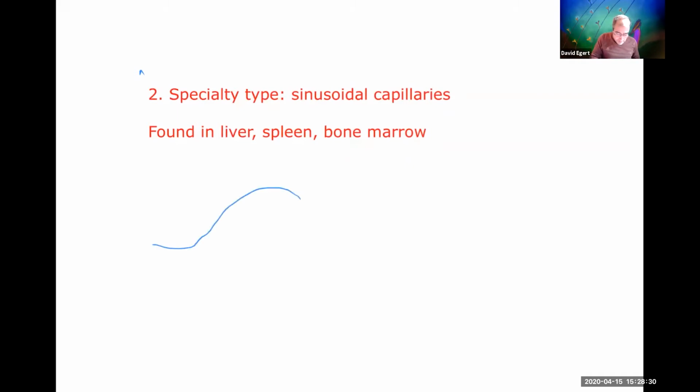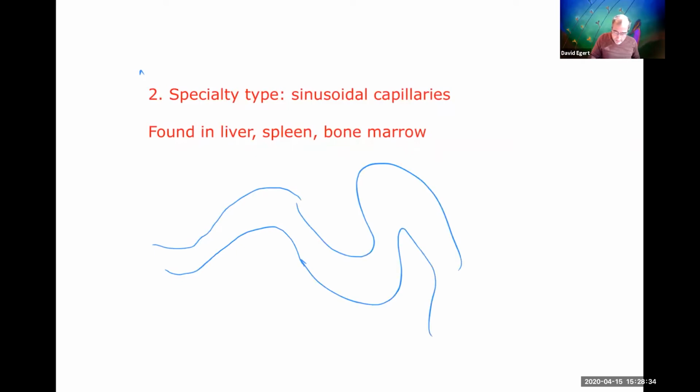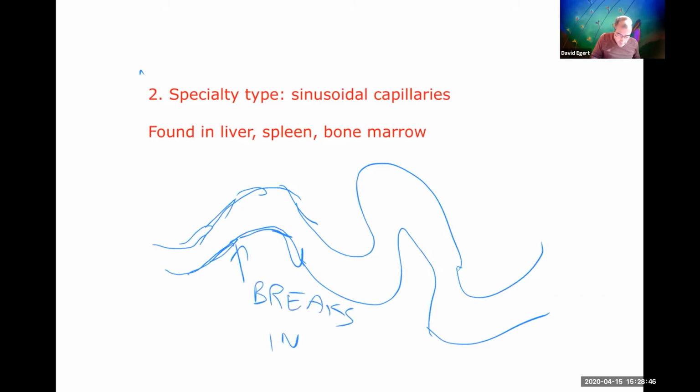They're usually really windy. They're places where you even have breaks in the walls, so you can have surrounding cells reach in and process the blood.